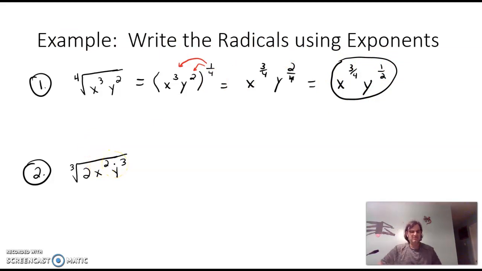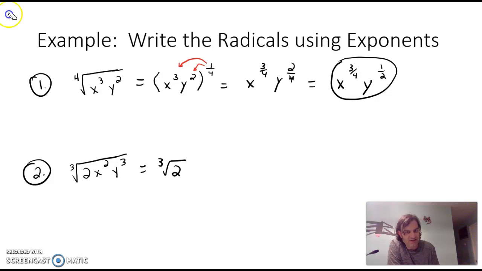The next one, the cube root of 2x squared y cubed. Okay, so let's do the same thing. We don't have to, but cube root of 2, we can't break that down anymore, so I'm just going to leave it as the cube root of 2. I could write it as 2 to the 1/3, but I think the cube root of 2 would be better.